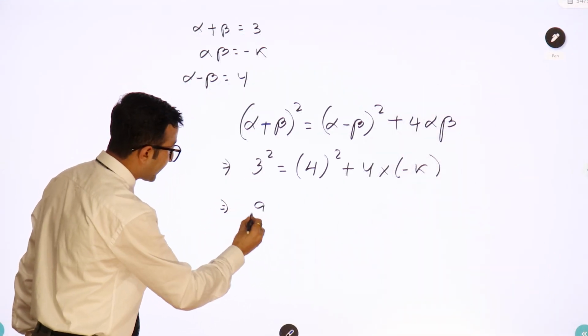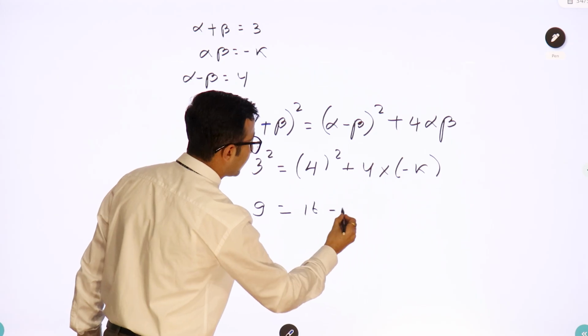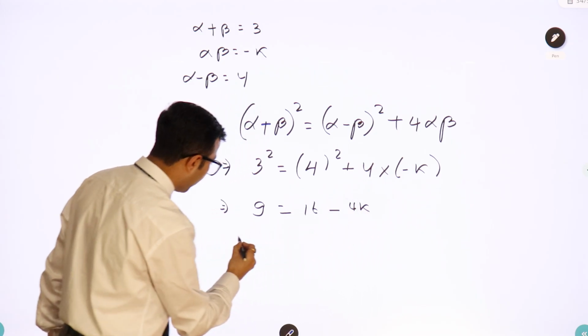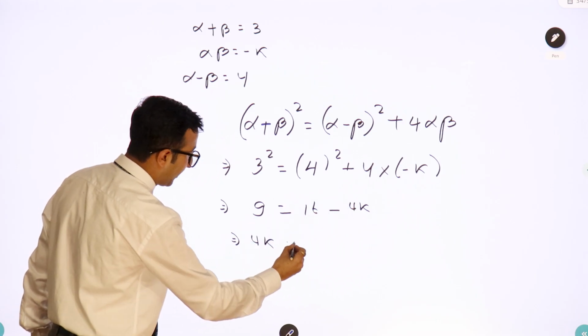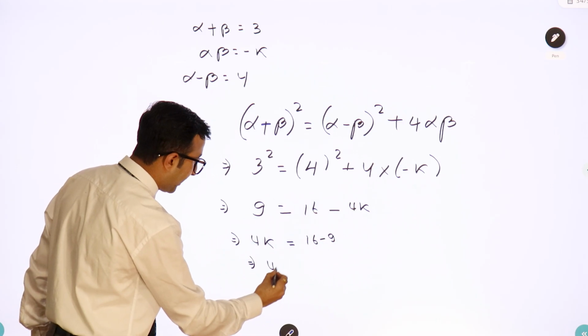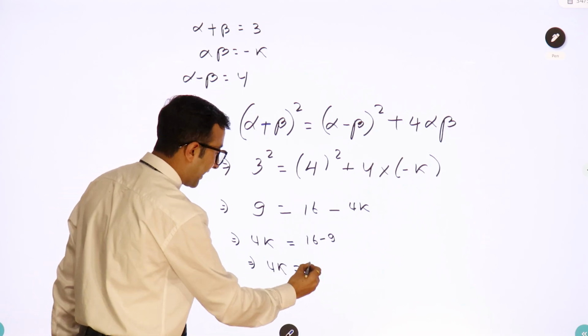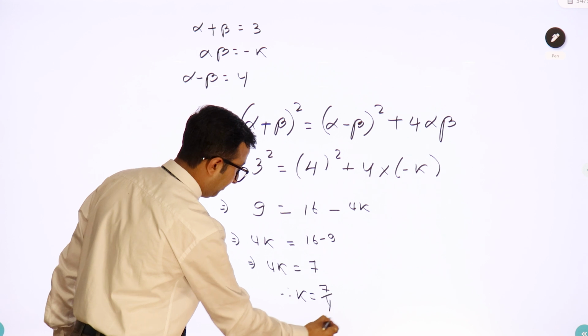So 3 squared is 9, 4 squared is 16, plus into minus, this is minus 4k. Take this 4k to this side, it will be plus 4k, and 16 minus 9. You can see that 4k is equal to 16 minus 9, which is 7. So the value of k is 7 by 4.